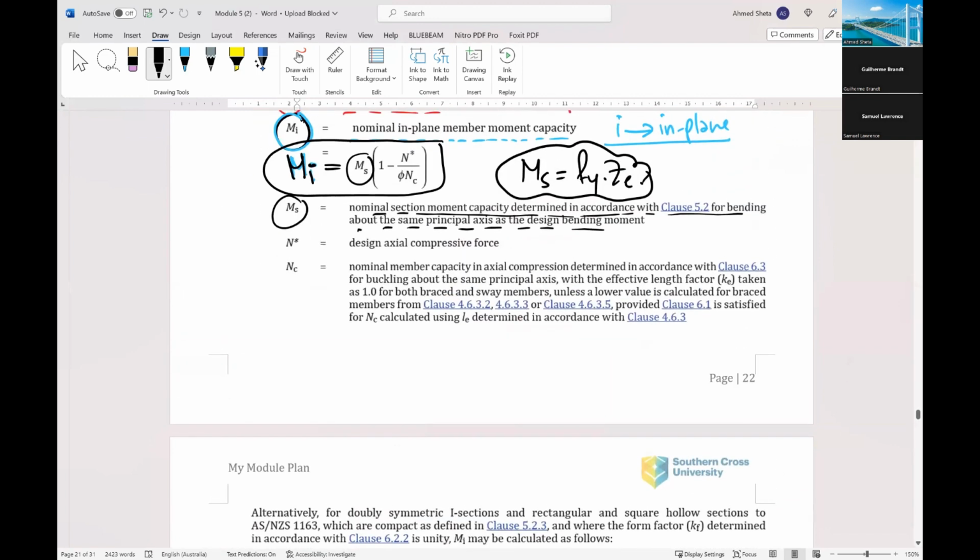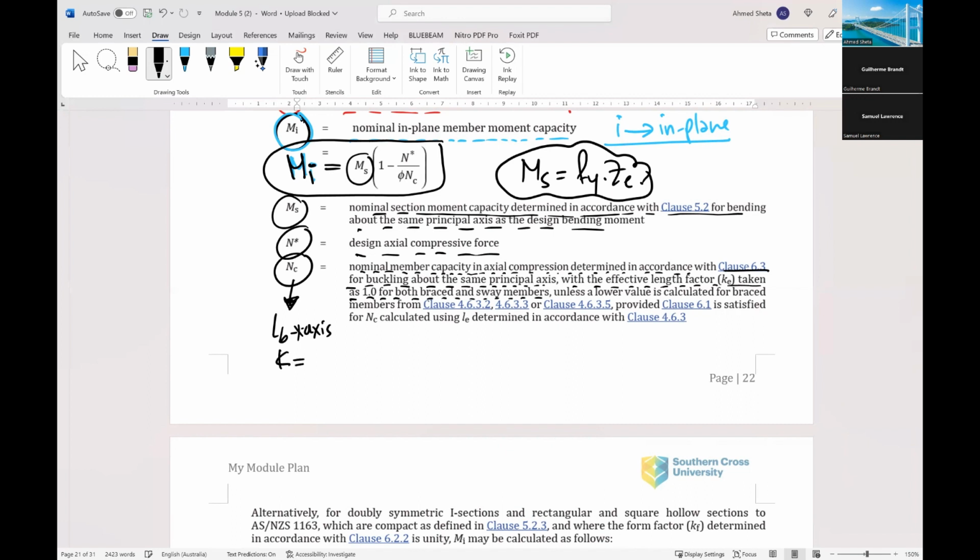N star is the design axial compressive force. What is Nc? Nc is the nominal member capacity in axial compression, determined according to clause 6.3 for buckling about the same principal axis. So we have to calculate Nc for buckling about the X axis, with the effective length factor K effective taken as 1 for both braced and sway members.